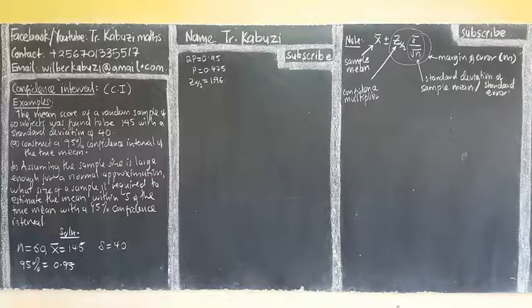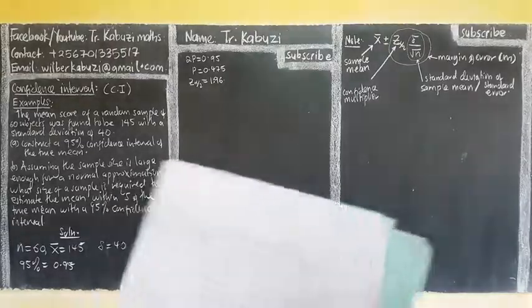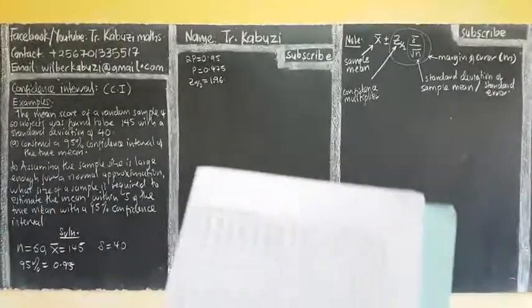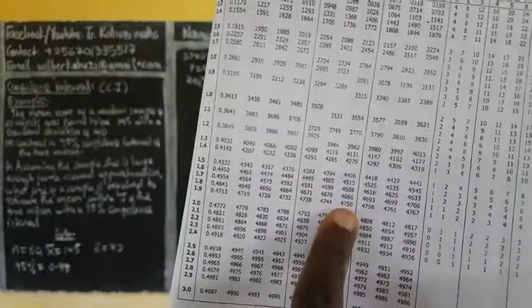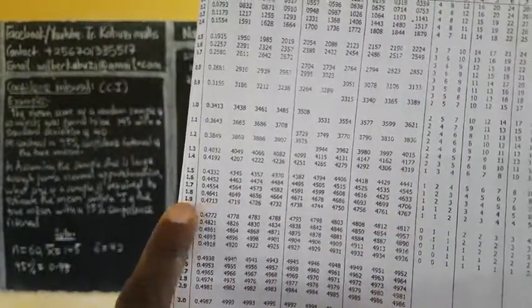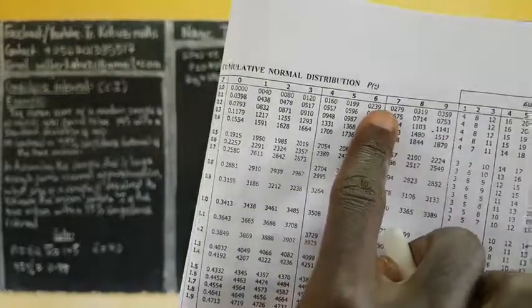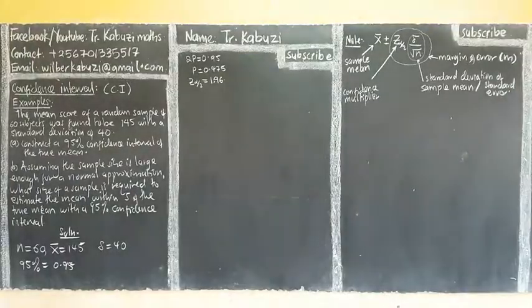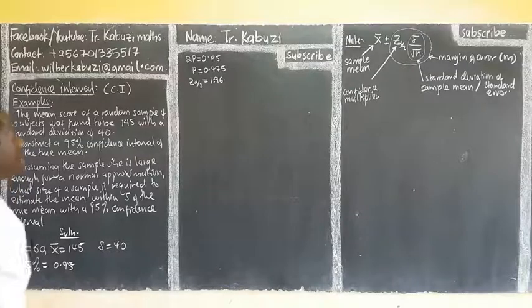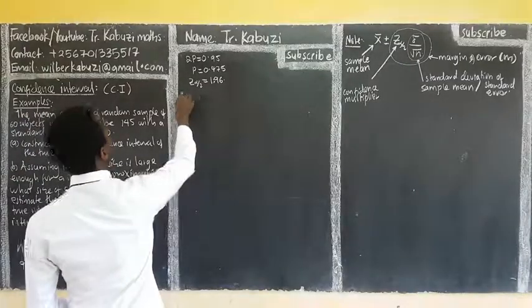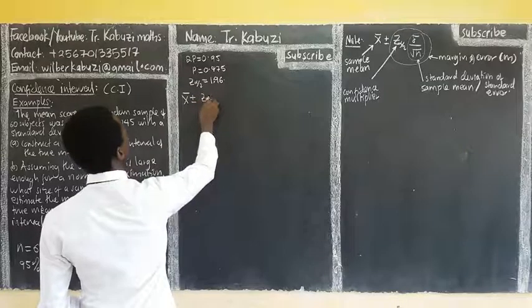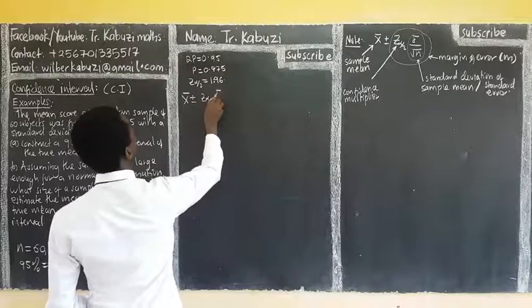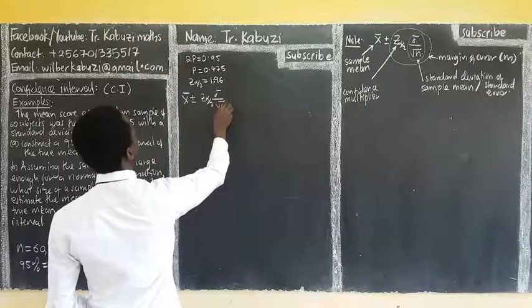1.475, you see it's there. It's 1.9, then under a 6. Then after that, they want us to get the confidence interval. So this will be x bar plus or minus z alpha over 2 times sigma over root n.